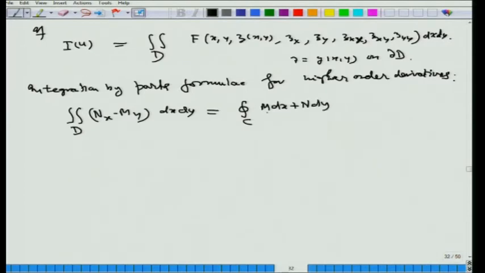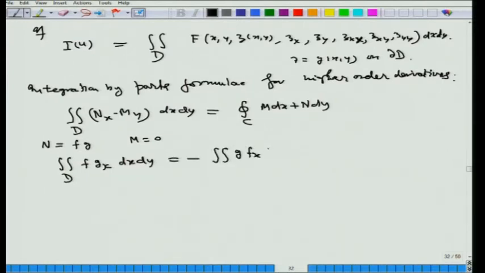So, if we take first N equal to, let us say, f g and M equal to 0, we see that the double integral of f g_x plus f_x g, which we take on the other side, equals minus g f_x dx dy, and we get here plus, so N is this, f g dy.